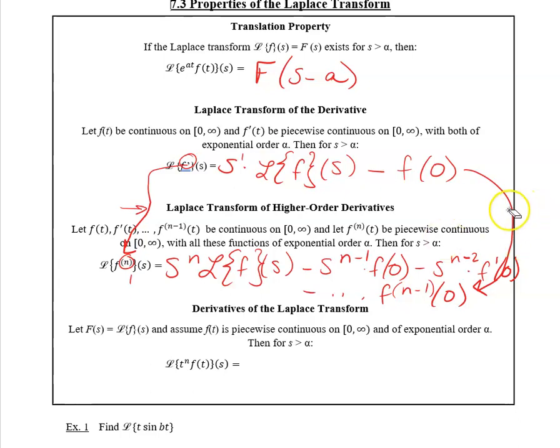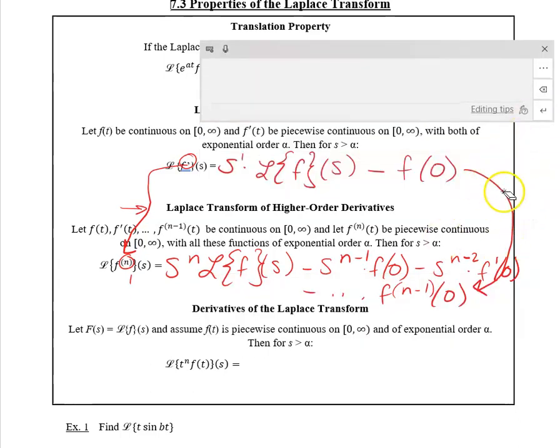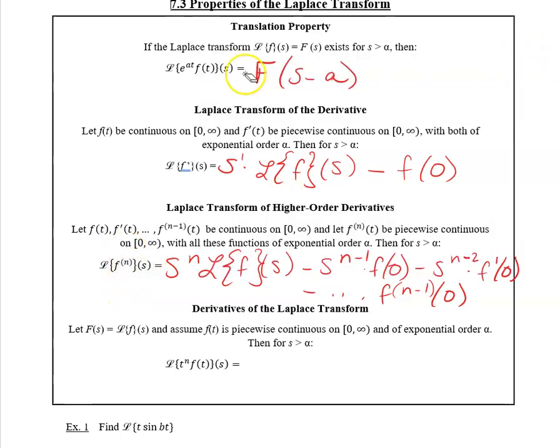And again, I know this is a little bit confusing. Hang in there. We'll summarize all of this later in the chapter, and you'll see where these properties are particularly useful. But I just wanted to point out that this is a special case of this.